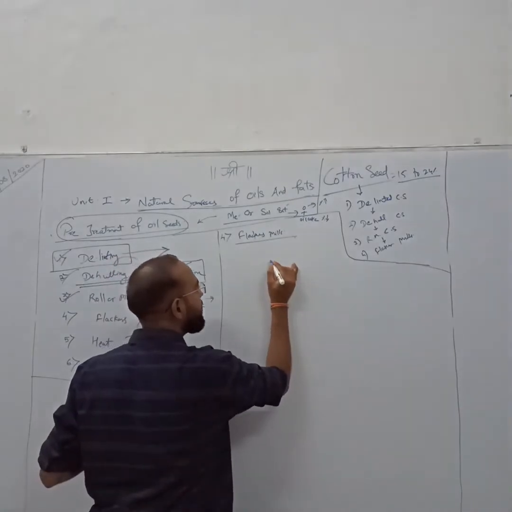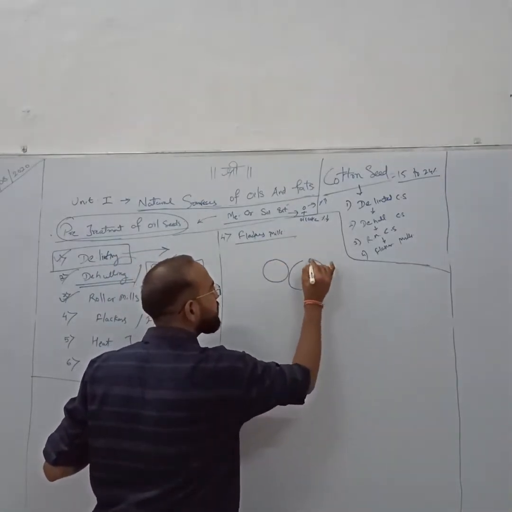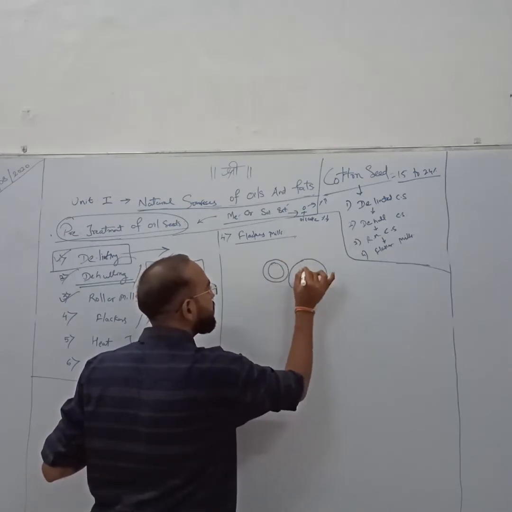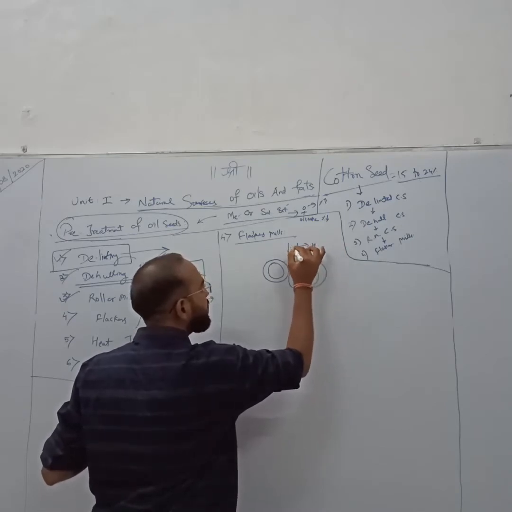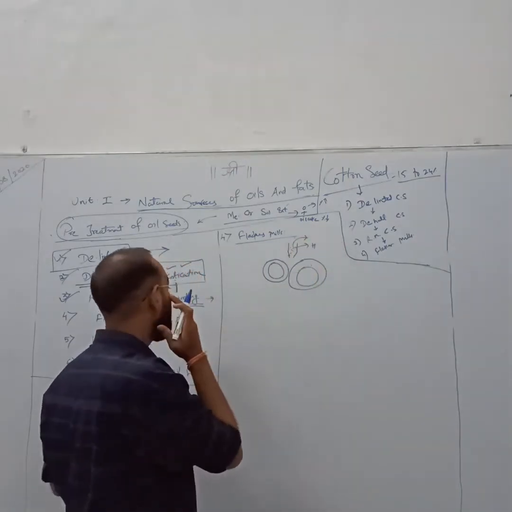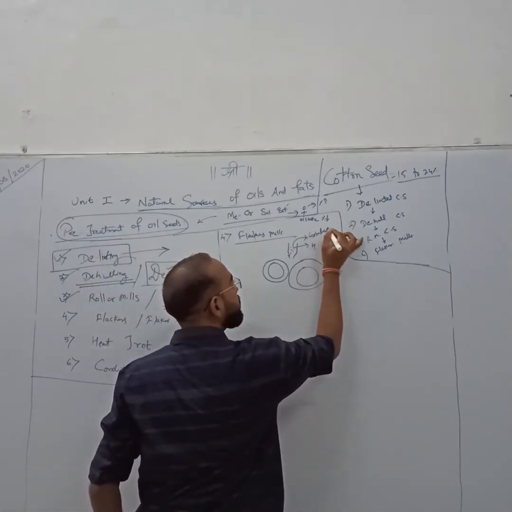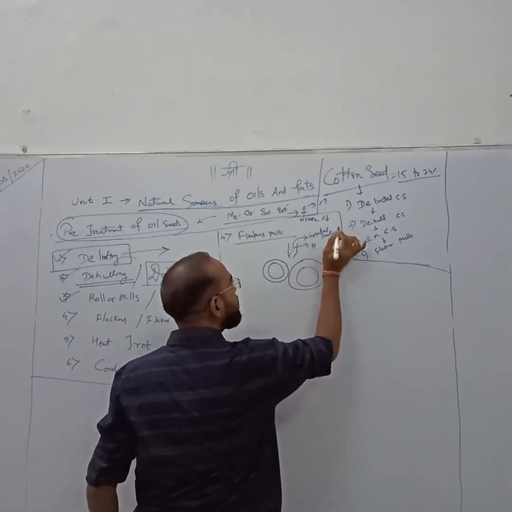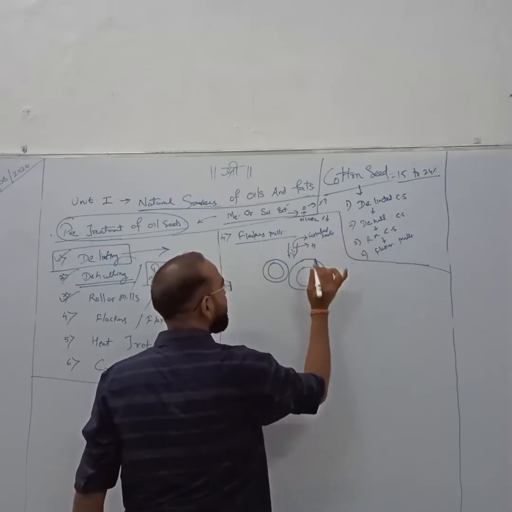It is just similar to the roller mills, but it's a single pass. Hopper is there. These are all ground seeds. The product after roller mills is sent for flaking.